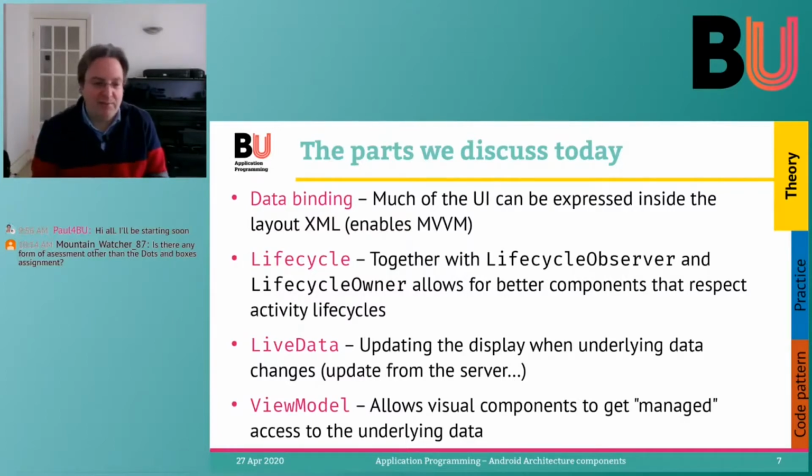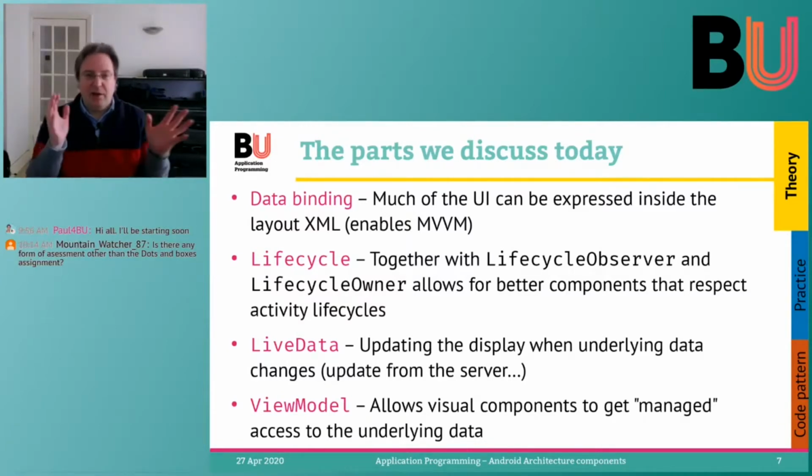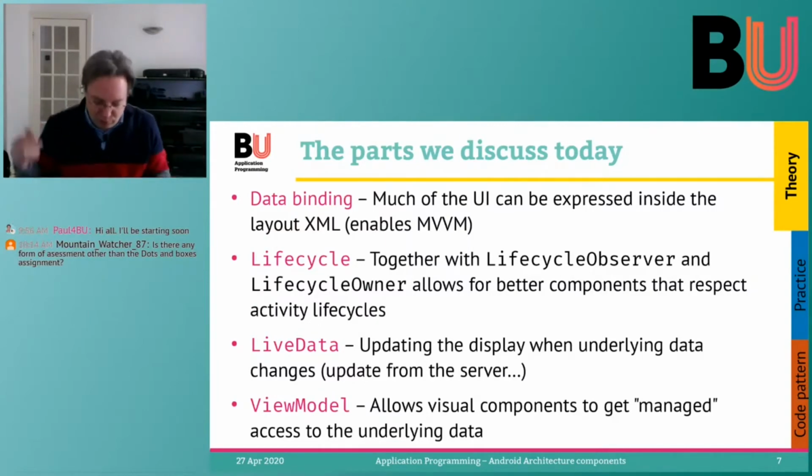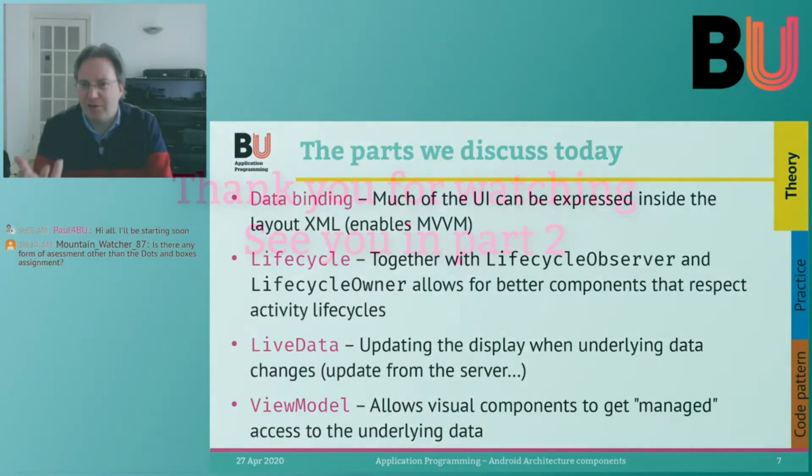Again, live data does that, and the view model basically allows you to manage this live data and get access to the data in your application. Again, our assignment doesn't really have too much of that data because we just have a game, etc. But you could extend upon that if you really wanted to. But for our game, it's not needed.